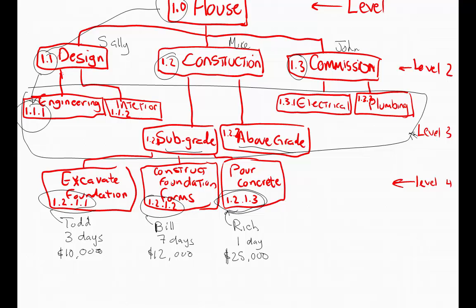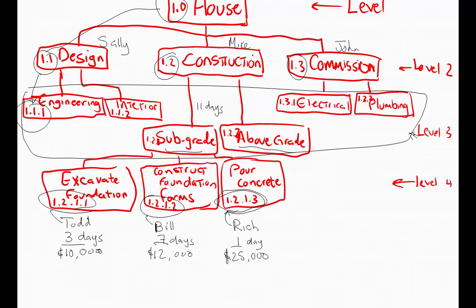So let's work this up. For example, let's add up the totals for subgrade. The duration for subgrade is 3 days plus 7 days plus 1 day. So that gives us a total of 11 days for subgrade. At what cost will we be able to complete the subgrade sub-deliverable?